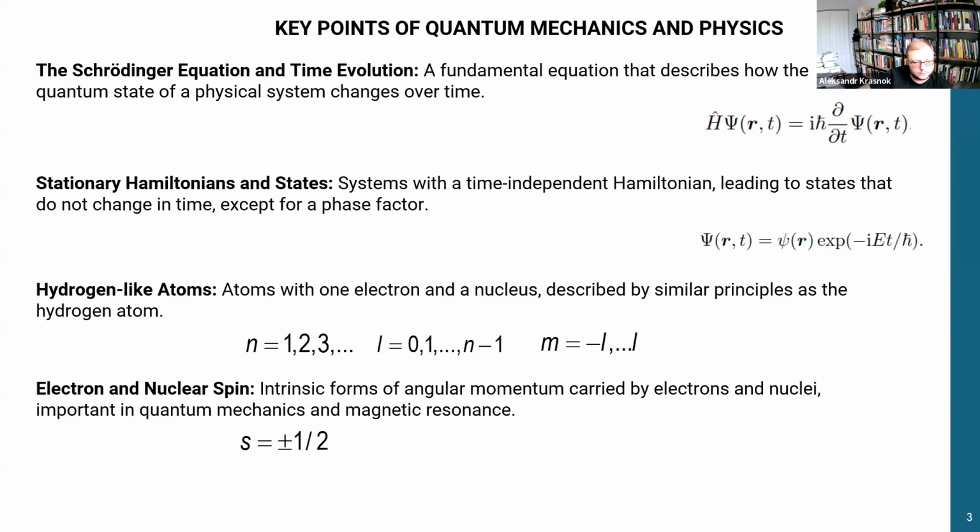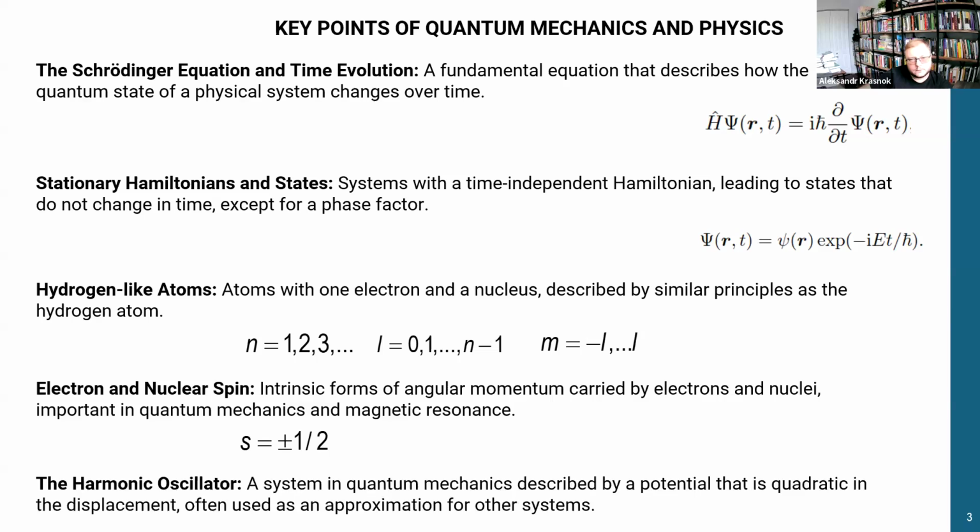It's a purely quantum characteristic, and this inner momentum can take just two orientations in space. When we try to detect it, we can find either up or down direction of the spin, and no other solutions are there.